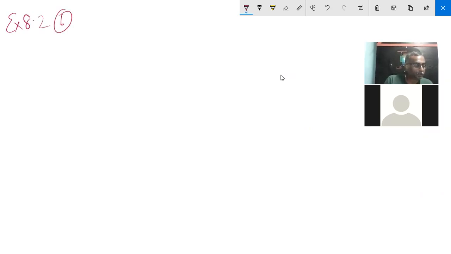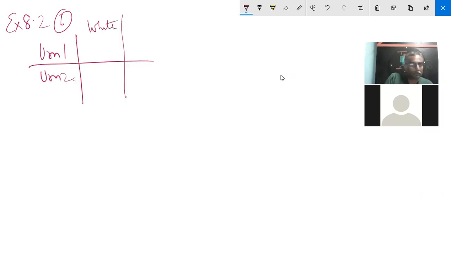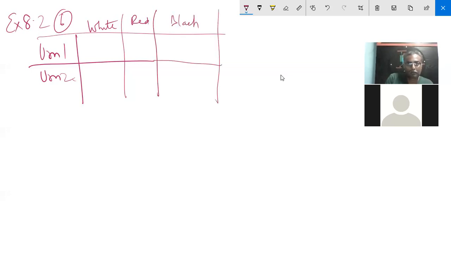Two urns contain the set of balls given in the following table. Urn 1, urn 2. White, then red, then black. 10 balls in the urn 1 are white, 6 red, 9 black, then 3 balls, 7 balls, and 15 balls in urn 2.